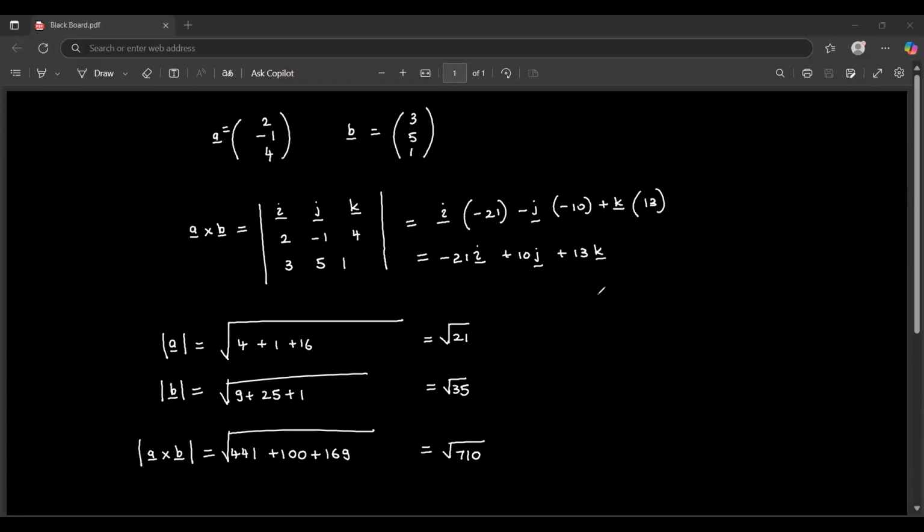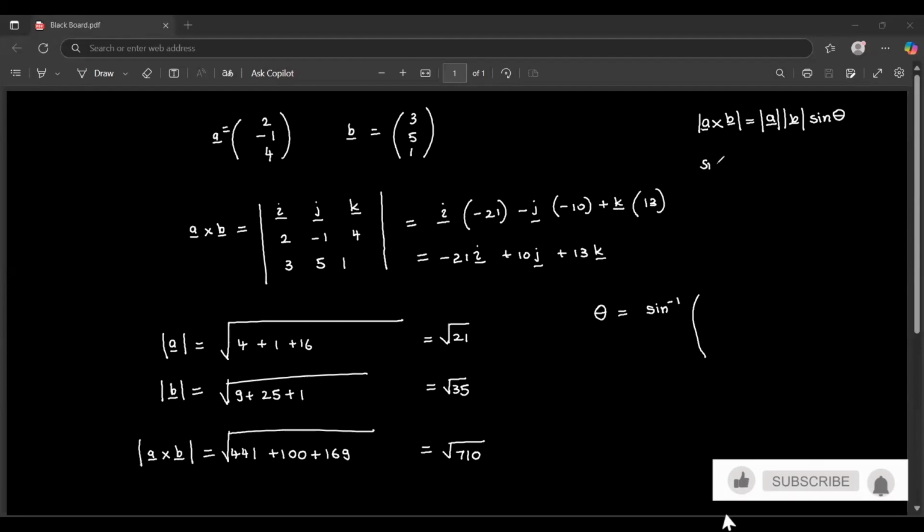So the angle between these two vectors can be found using theta equals sine inverse. Let's write down the equation again. The modulus of A cross B is equal to modulus of A, modulus of B into sine theta.